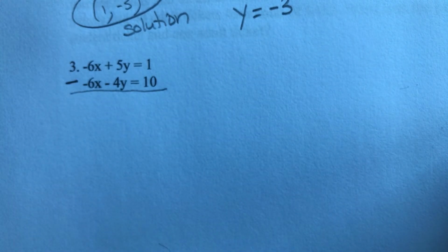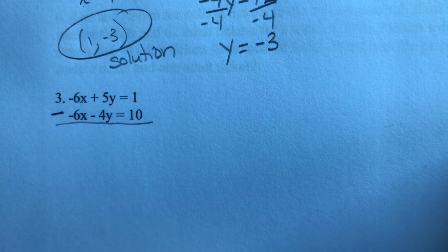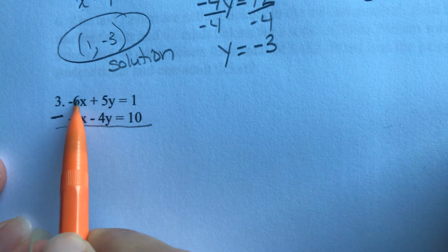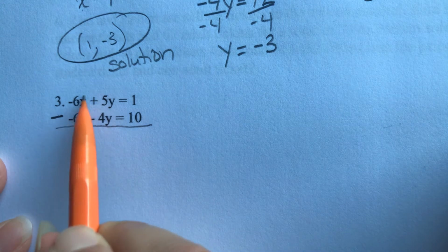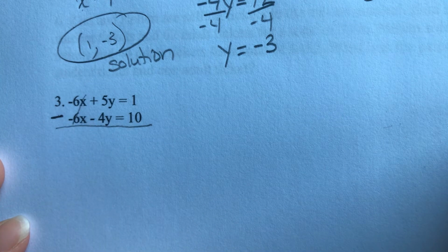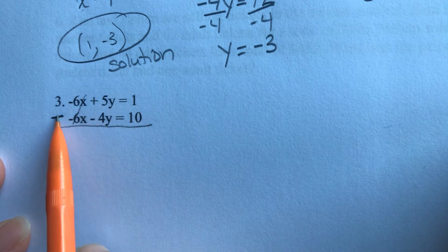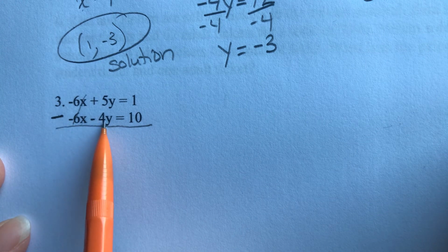We have to subtract all of them, not just the first two. So negative 6 minus a negative 6 eliminates. Positive 5 minus a negative 4 becomes plus 4.